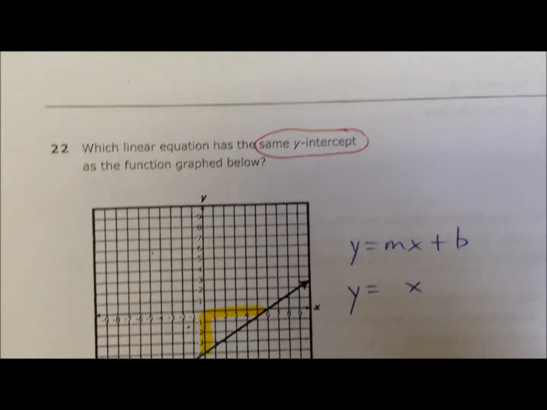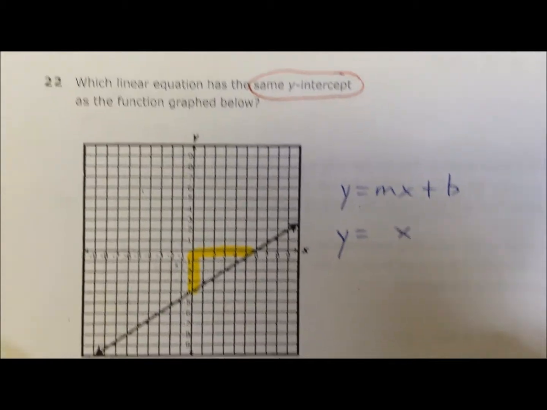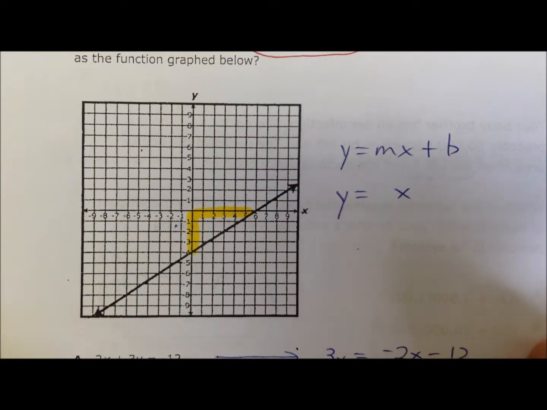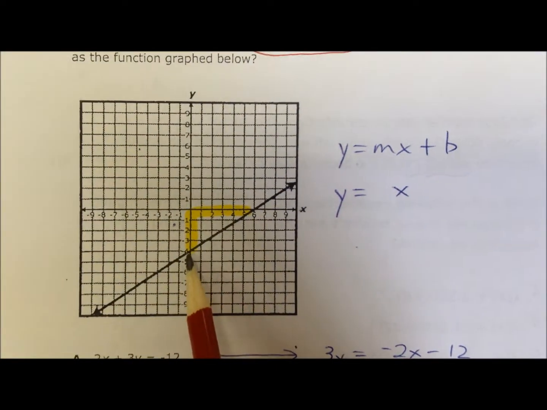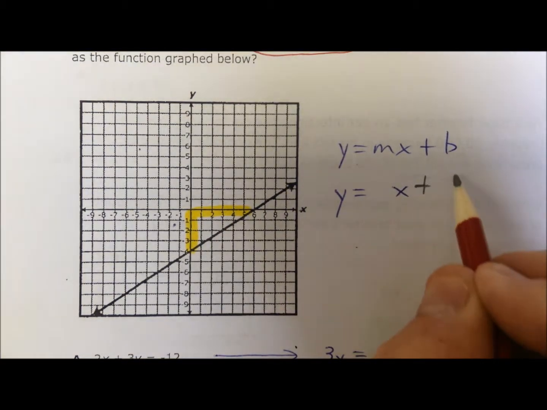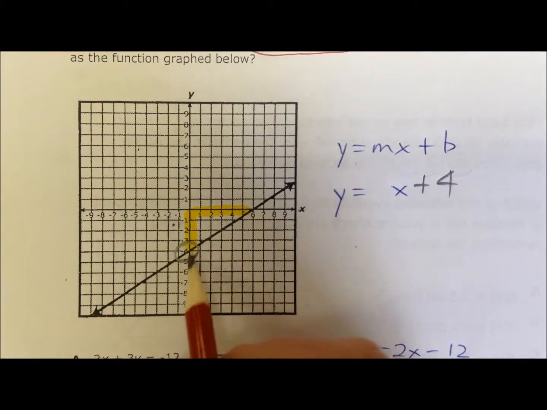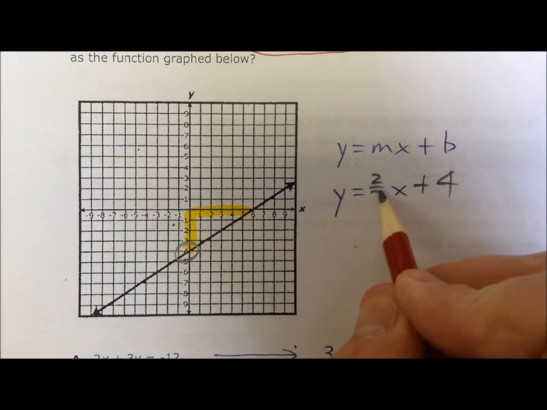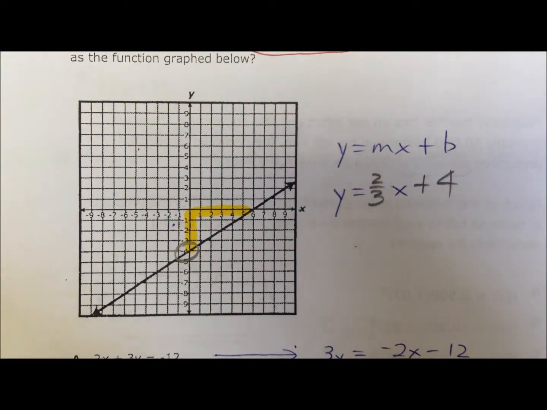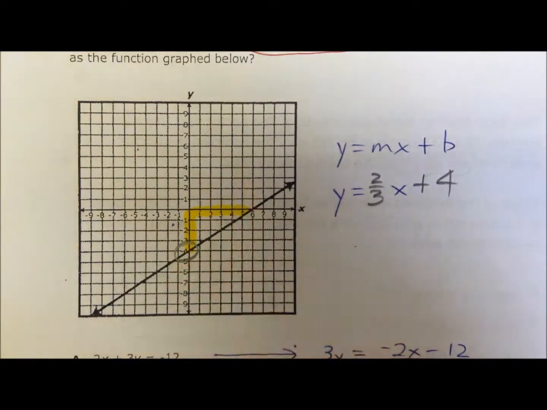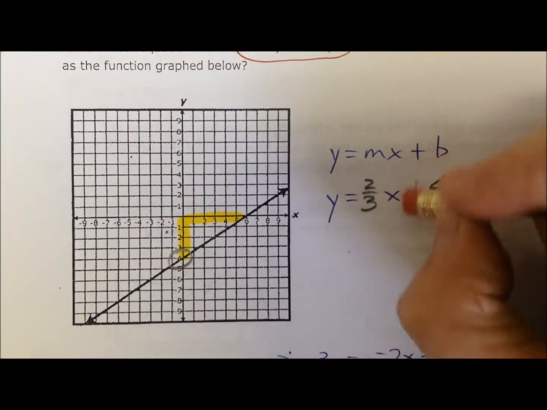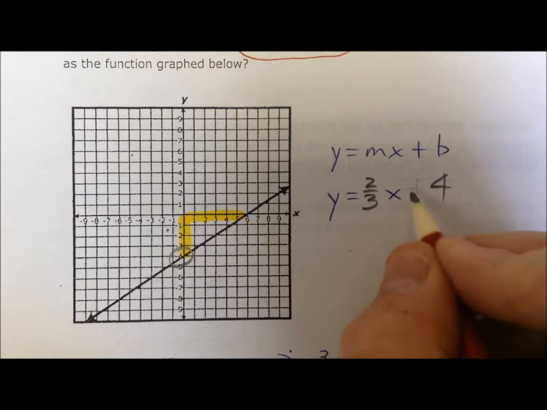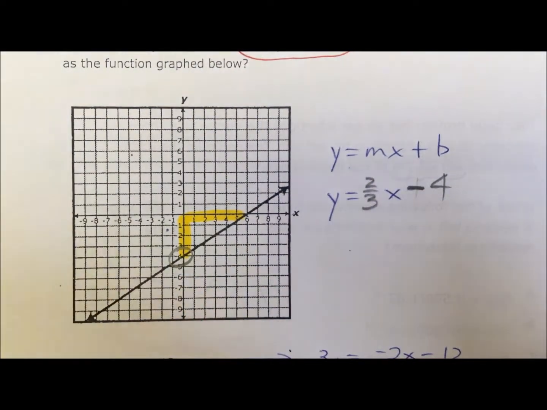Over here, which linear equation has the same y-intercept? So we're looking at the y-intercept of 4 by simple observation, and my slope is going to be 4 over 6, which is 2/3. So actually that's not positive, that's a -4. What am I thinking? I'm glad you stopped me, because that's -4.